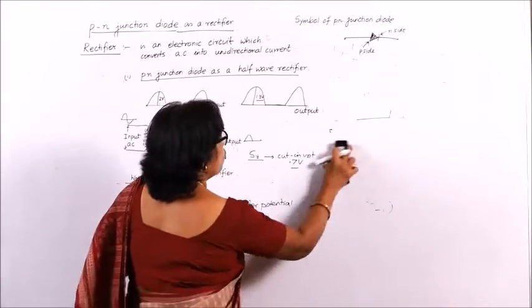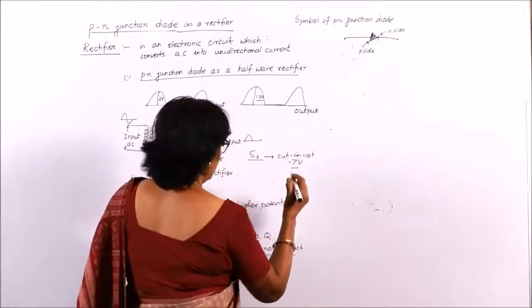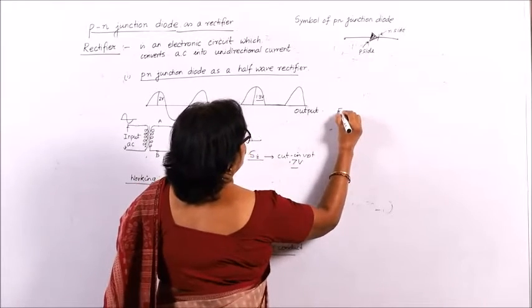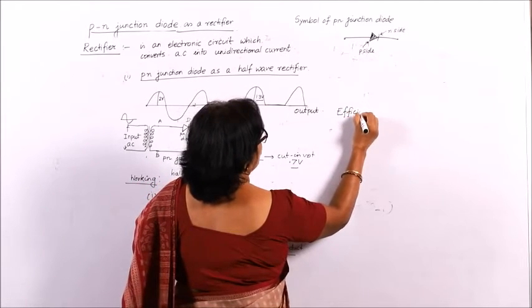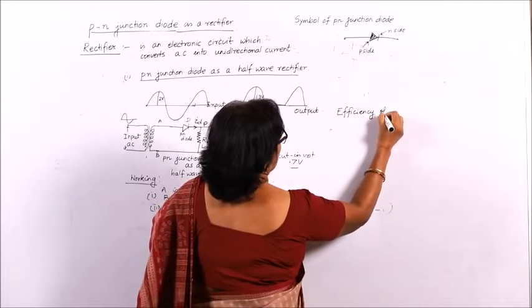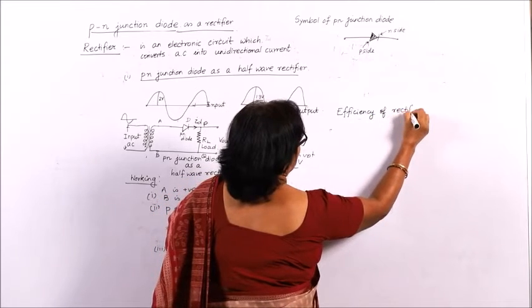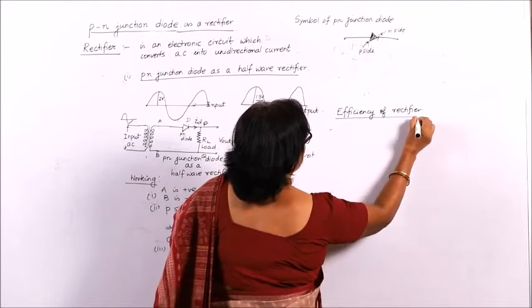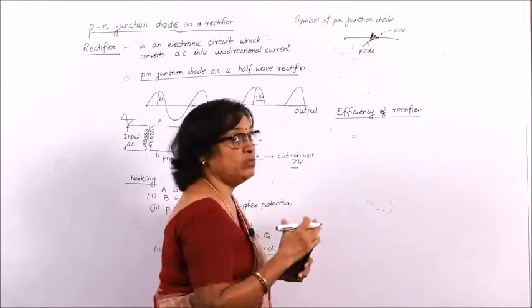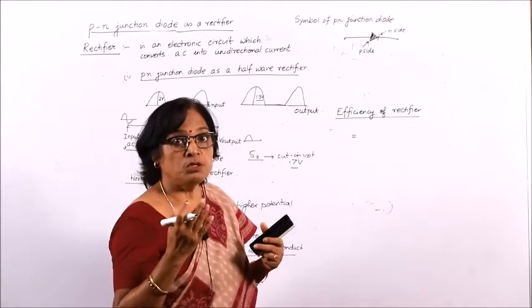And the efficiency, how much do we measure? If we find out the efficiency of the rectifier, the efficiency of the rectifier is defined by what we are getting. We want the output to be DC.